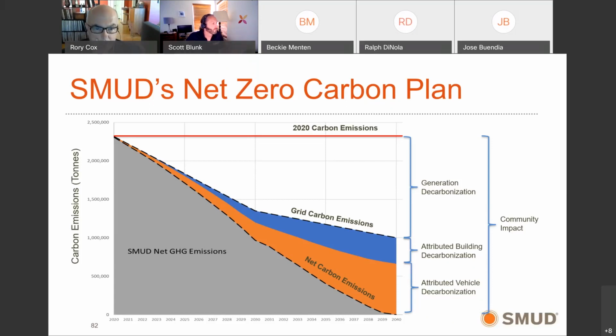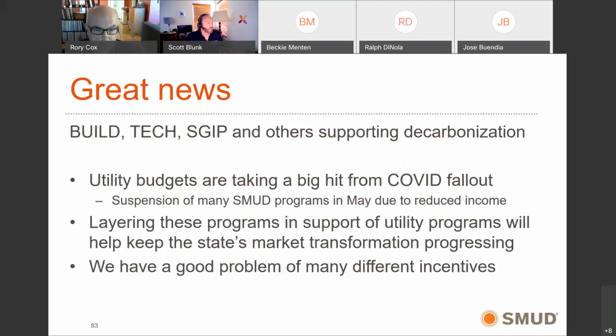Next slide. And so, yeah, these incentives that are coming out are really a wonderful thing. It's a great problem to have that we're even having this workshop, that we have multiple incentives and we're worried about layering. It's really great because COVID is taking quite a toll on utilities, particularly SMUD. I always talk about SMUD as the Goldilocks utility.